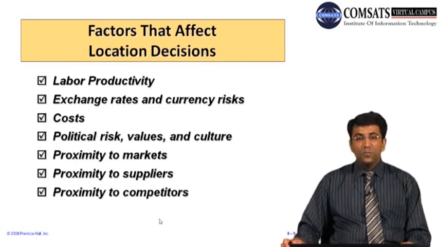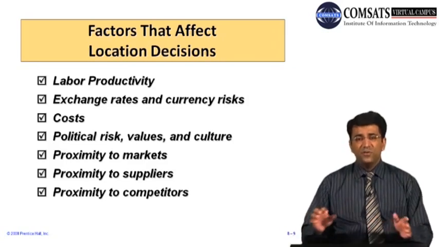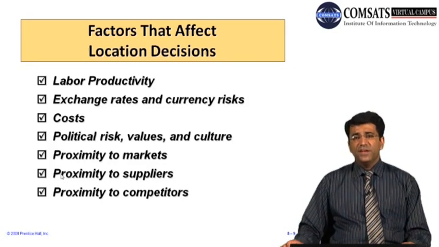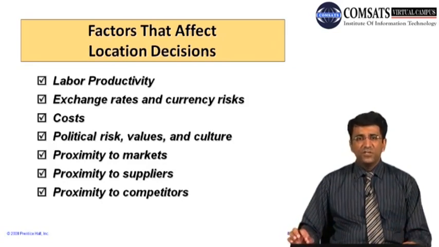Then proximity to competitors is sometimes also important, because sometimes the competitors for a particular product are gathered at a particular location, so that they can have more impact on the supply of their goods and services all over the world. In this way, different competitors sometimes form a sort of cluster.